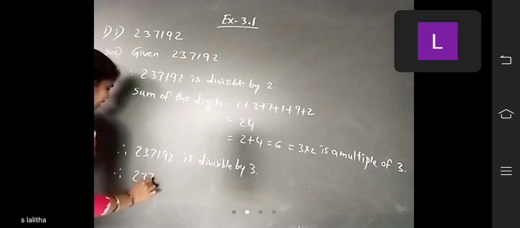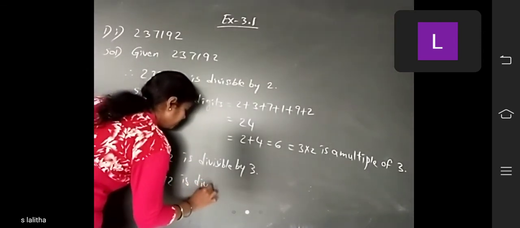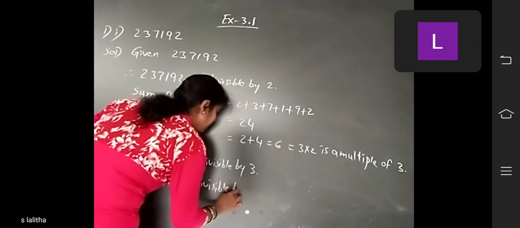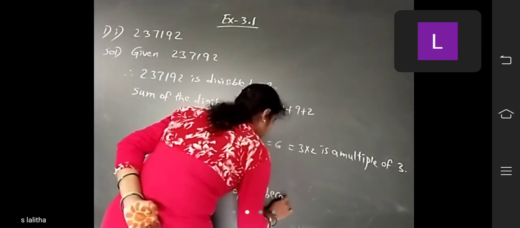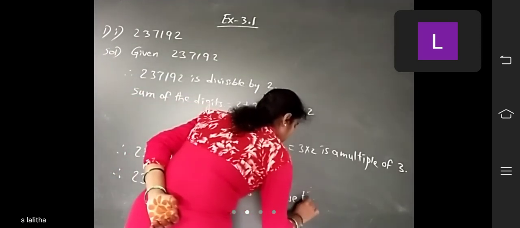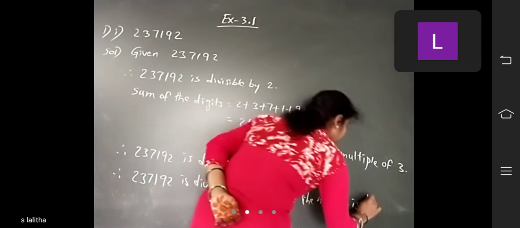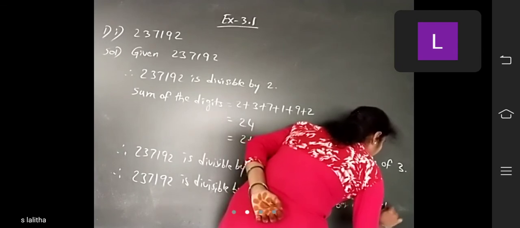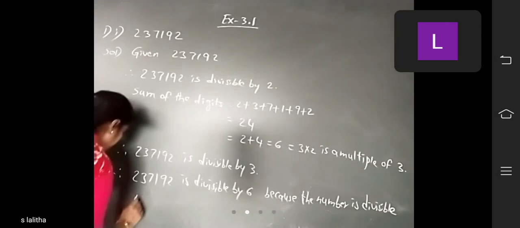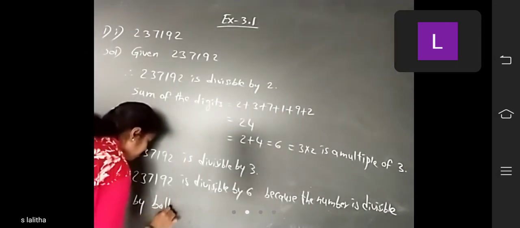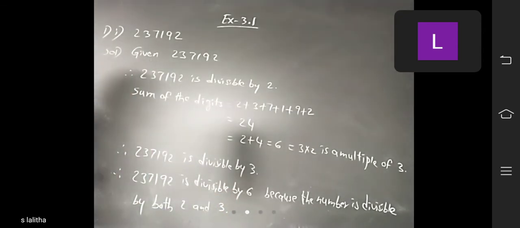Therefore, 2,37,192 is divisible by 6 because the number is divisible by both 2 and 3. Okay, children, that's the reason. Right.